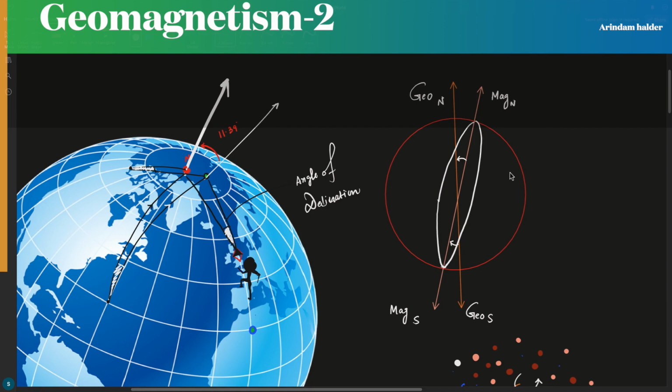As you can imagine, this one is a half sphere and this part is another half sphere, right? We have just cut this earth along the magnetic axis. Now we cut the earth with the geographic axis. If we cut this earth with the geographic axis, then we'll be able to see that here we are cutting.